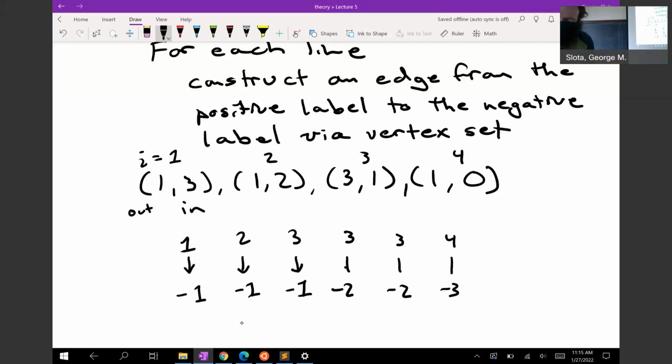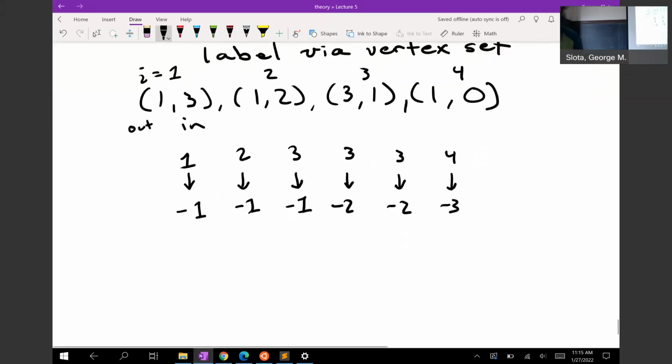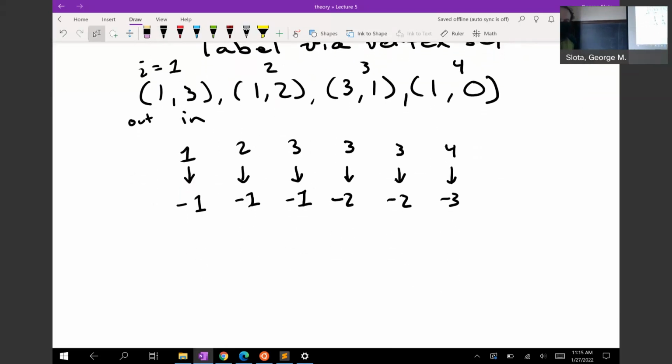What do you know? We have an edge list now. Look at that. There's our edge list for our loopy multi-digraph that we've realized. Well, we haven't realized it yet, I guess. I don't know, it depends on how you define it. We haven't drawn it, but technically we've realized the edge list for it. 1, 2, 3, 4.